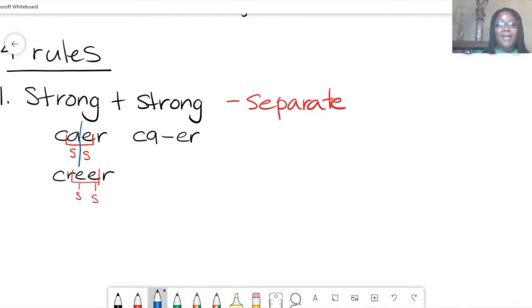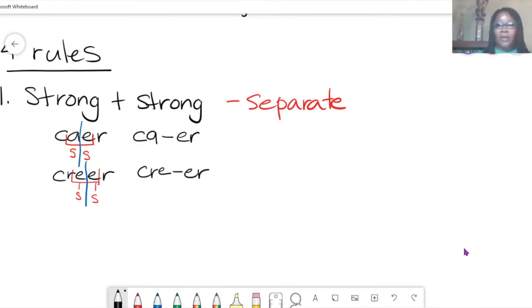The rule says the two strong men can't be in the same space, separate them. And so we end up with cre, er. You're not going to say it as one sound; it's going to be cre, er. And if you remember what your vowels sound like, you shouldn't go wrong.